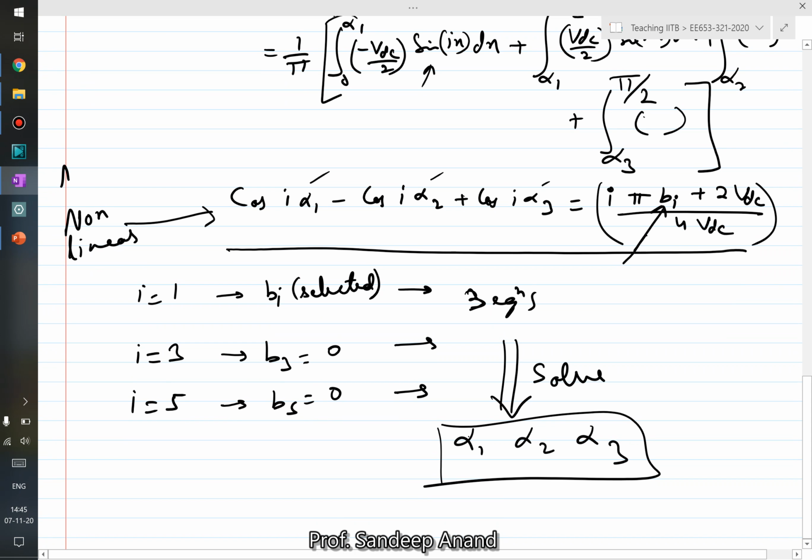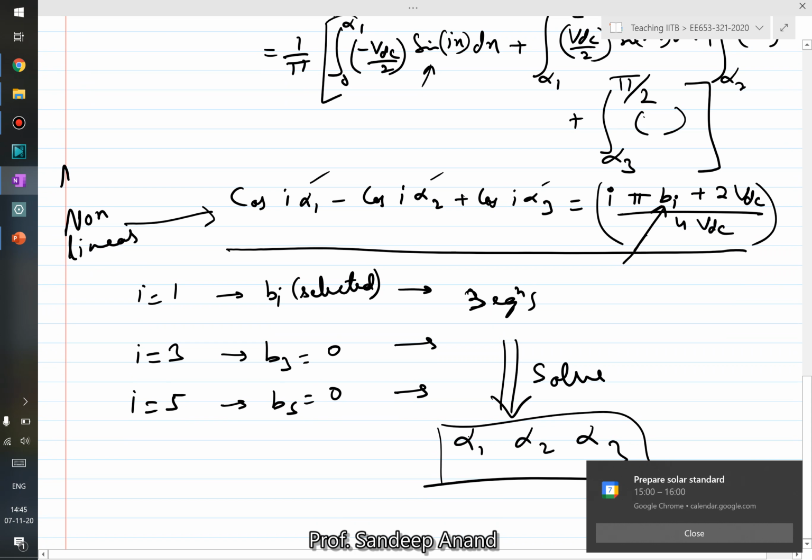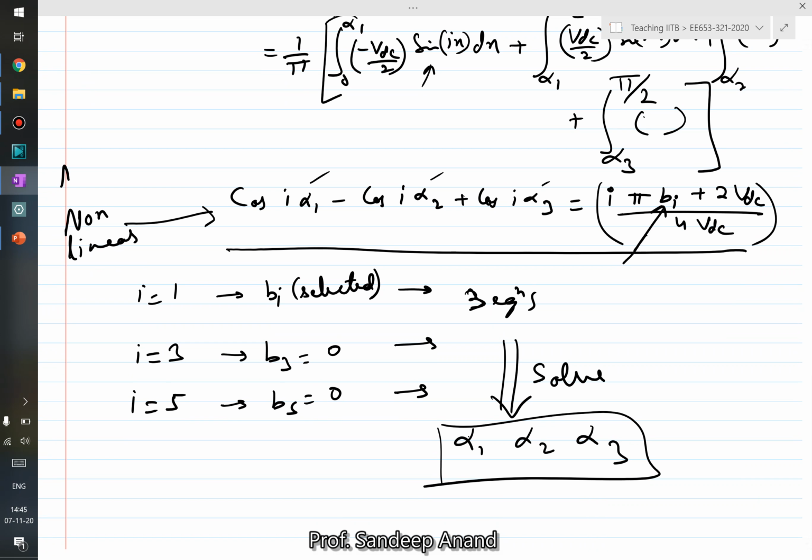Even with 3 or 4 equations, a lot of the time people would solve these equations offline for different values of bi and store them in the memory of a microprocessor. Then, based on the bi value that you want to actually realize, you pick up those values of alpha 1, alpha 2 and alpha 3 from the microprocessor memory, and you implement that.